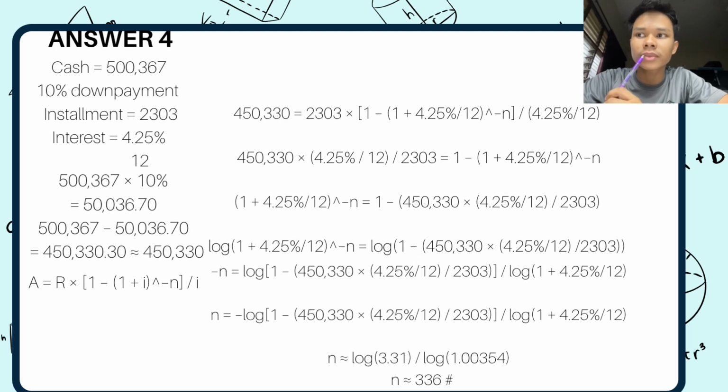So minus n equal log bracket 1 minus 450,330 multiply 4.25% over 12 over 2,303 bracket, over log bracket 1 plus 4.25% over 12 bracket. n equal negative log bracket 1 minus 450,330 multiply 4.25% over 12 over 2,303 bracket close, over log bracket 1 plus 4.25% over 12 bracket. n equal 3.31.